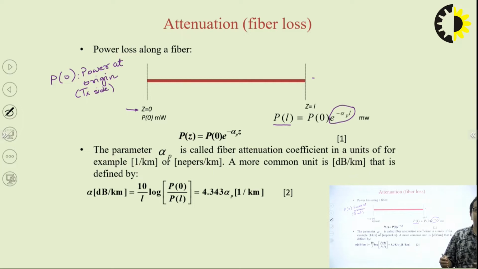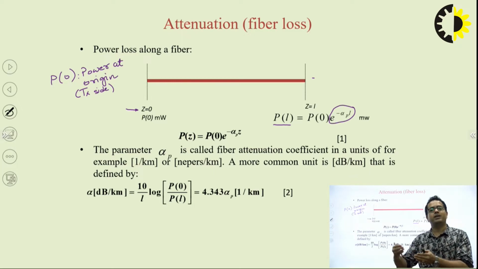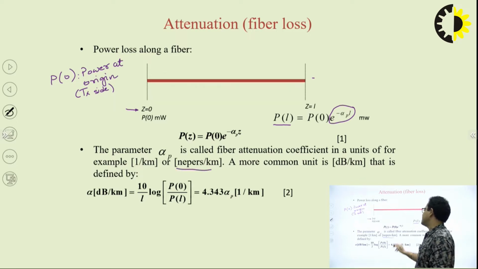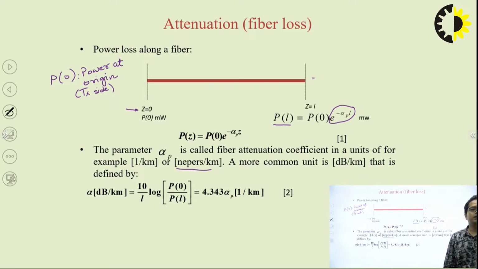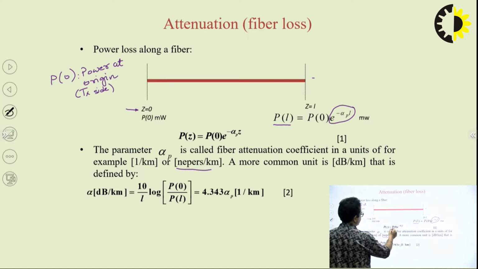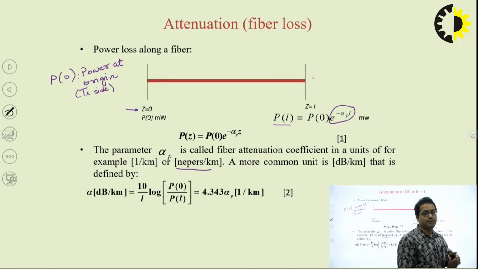So the attenuation that is incurred inside the fiber per kilometer is alpha. That is the attenuation factor or attenuation coefficient. Also, its unit can be expressed as Nepers per kilometer. So what is the formula for that? We already know that Pz equals P0 e to the power of minus alpha Pz.